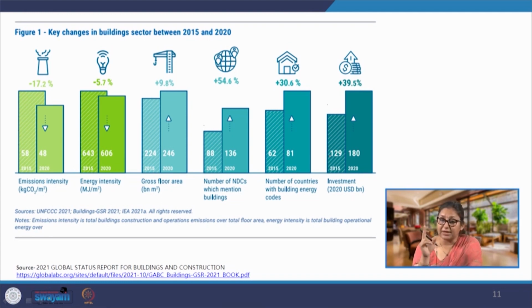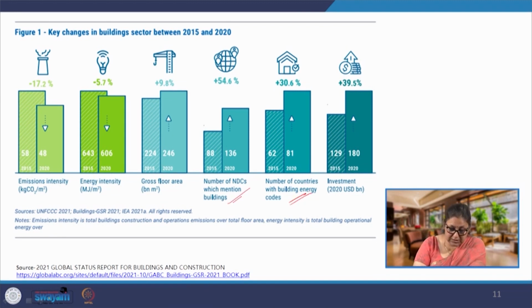So, if we are looking at the nationally determined contributions, more and more nations are committing to reducing the emissions from buildings, which is a good indicator, which implies that more nations are coming together to reduce the energy intensity or the emission intensity of the buildings. Which implies that more and more policies would be coming, which is the next indicator, number of countries with building energy codes.